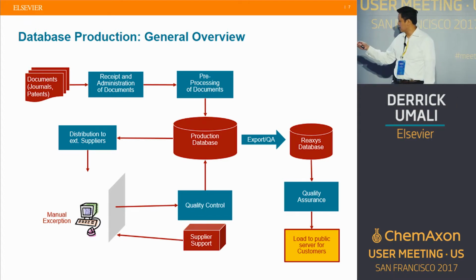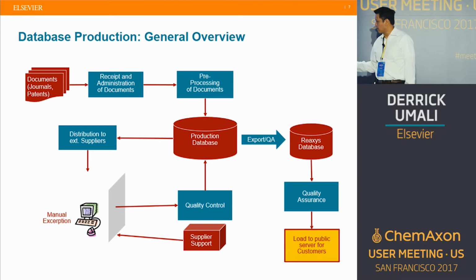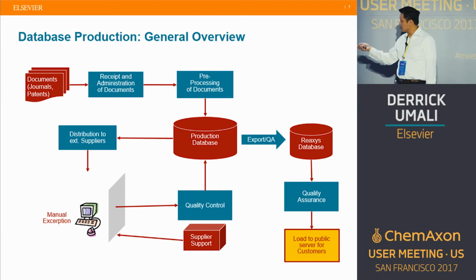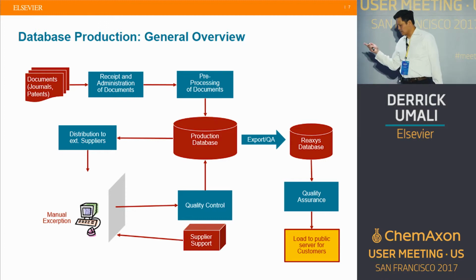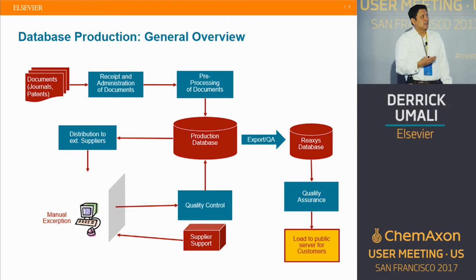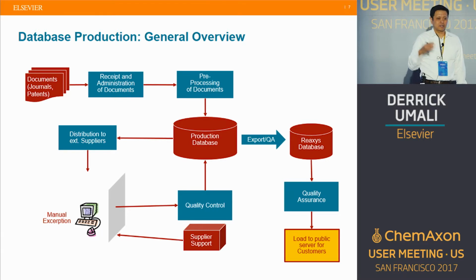We take a lot of these documents, pre-process them, put them in a production database, distribute them to 4 or 5 different suppliers where they're manually excerpted by hundreds of scientists, then quality control, put back into the production database, exported out, and then made into this Reaxys database, quality assurance, and then loaded into the public customer server for customers. So we've tried to bring the completion of this database down to a bi-weekly, every 2 weeks sort of process, updating the database.